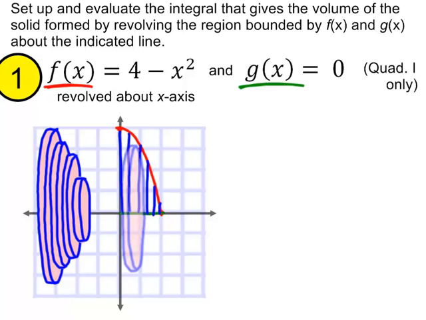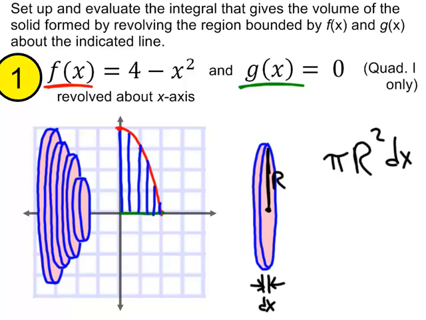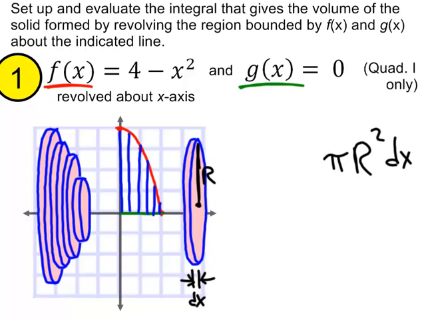So let's take one of those disks, drag it over here, and if I want to find the volume of that one infinitesimal disk, I need to take its radius, we'll call that big R, and I need to calculate the area, pi r squared, that's the area of the face of this disk, and I need to multiply that area times this infinitesimal thickness dx. That will give me the volume. So I'll put volume of just that one individual disk as pi r squared times dx.